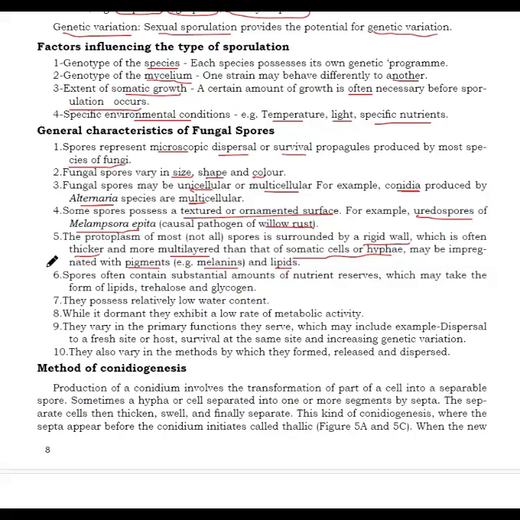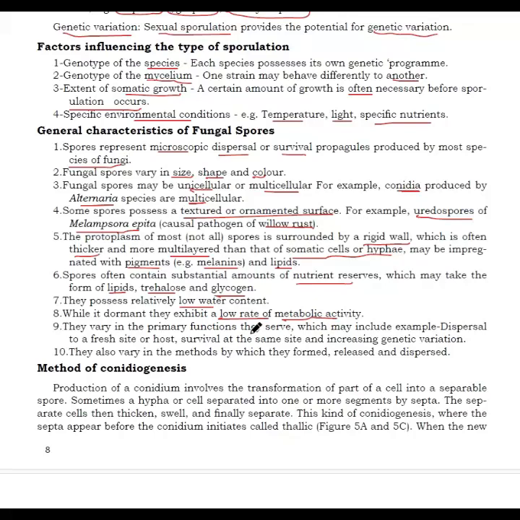So the spore protoplasm is covered by the rigid wall, which may have some pigments and lipids, and they are thicker than the somatic cells. Spores contain nutrient reserves, which may be in the form of lipid, trehalose, and glycogen. Spores have low water content so that they can become dormant, and they have a very low rate of metabolic activity.